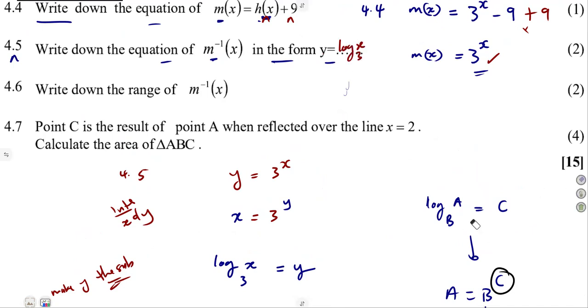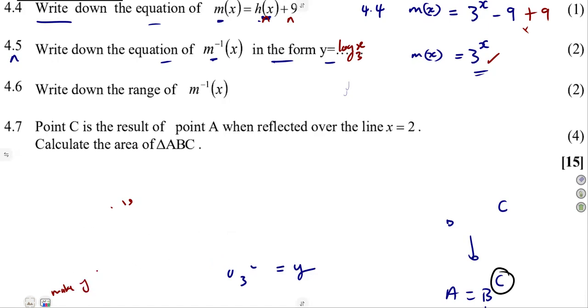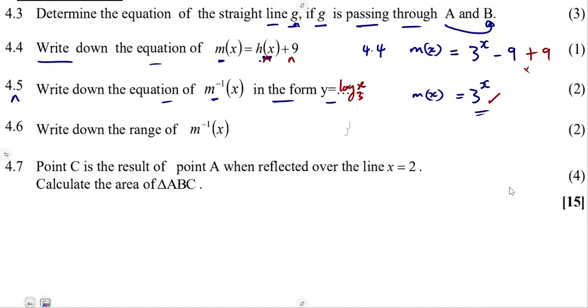That is it. Then 4.6: write down the range of the inverse. Remember, guys, what happens between the original function m(x). They are saying this is the inverse of m(x), and m(x) is being taken from here.